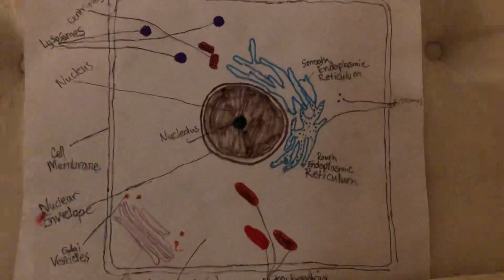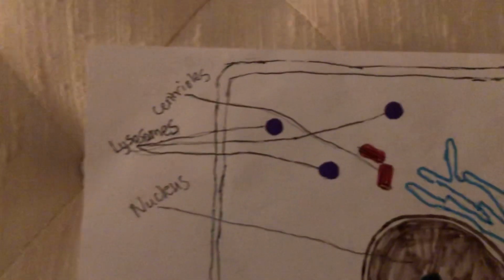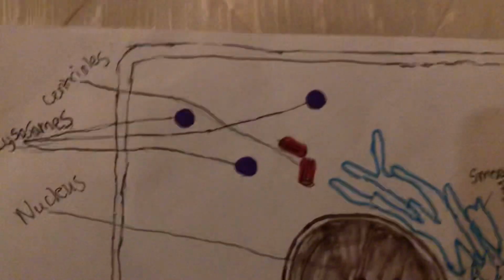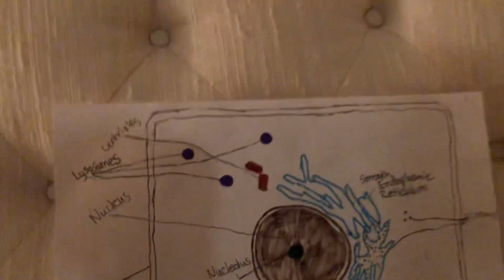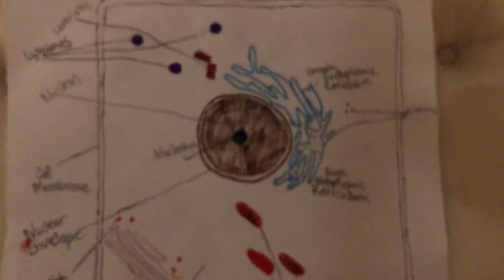Next thing we are looking at is lysosomes. So let's get a close-up of that. Lysosomes are these little purple dots. And as you can see, it says lysosomes. Lysosomes are basically like little containers of enzymes enclosed by a membrane.